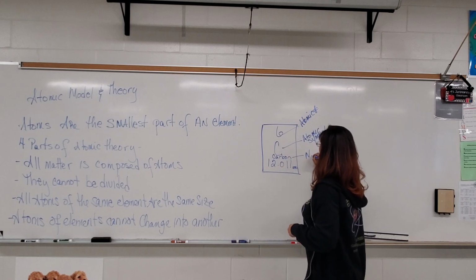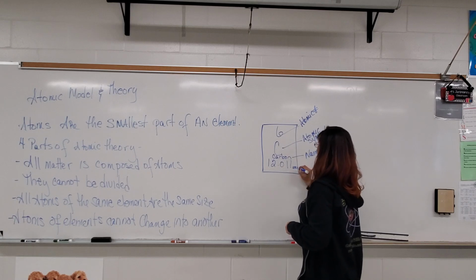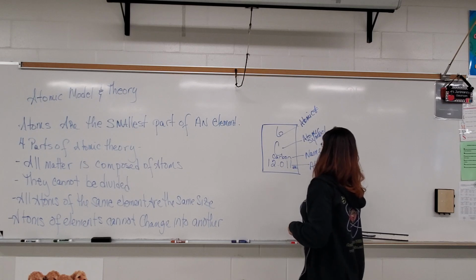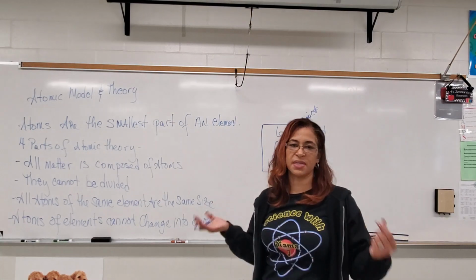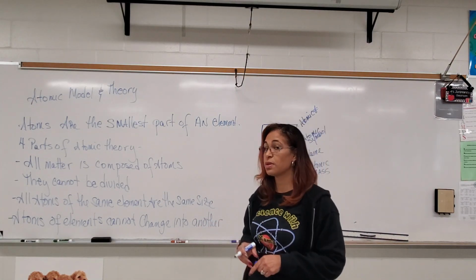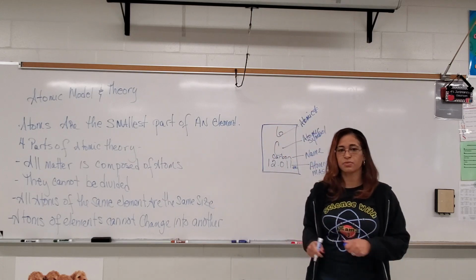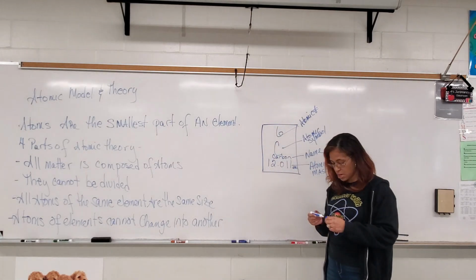The name. And this is your atomic mass in atomic mass units. AMU stands for atomic mass units. That's basically the measurement. Like you measure something in grams, the mass of atoms is measured in atomic mass units.